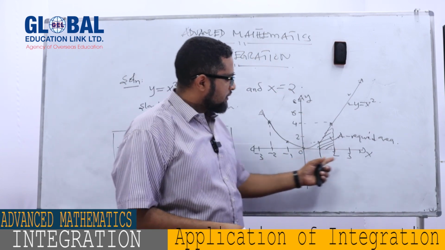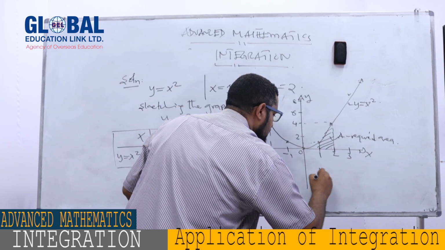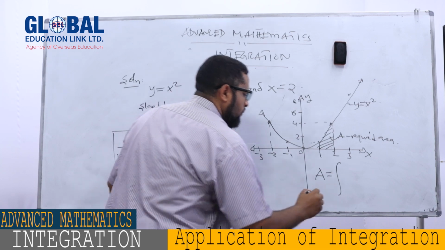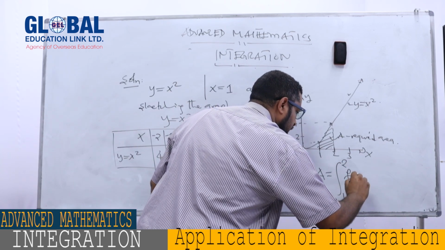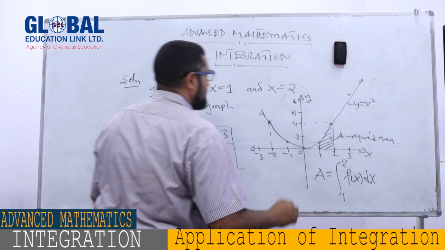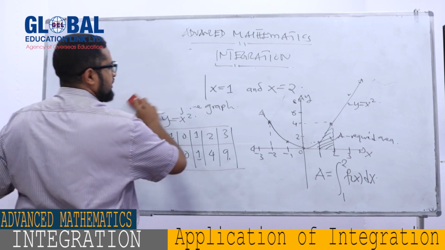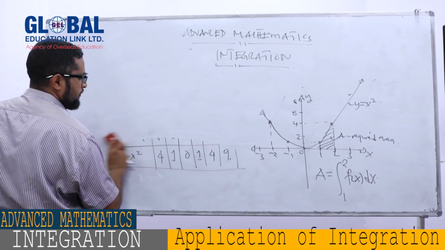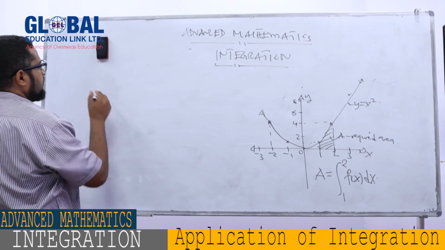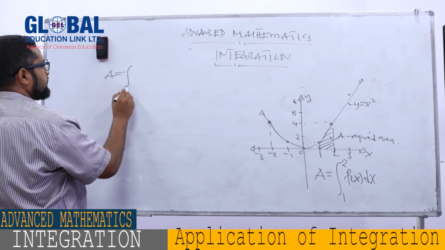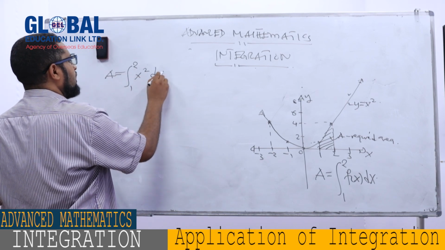Now for that case, because it is with respect to the x-axis, the formula that we are going to use will be equal to the area from 1 to 2 of f of x dx. Now let's substitute the function and then integrate. Area will be equal to, from 1 to 2, our function was x squared dx.